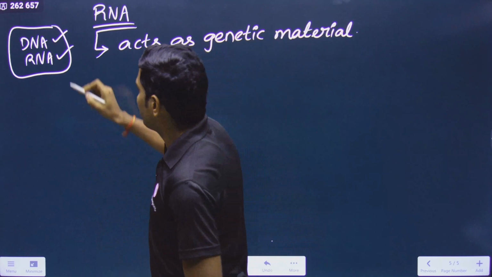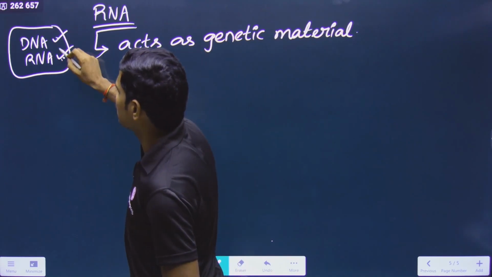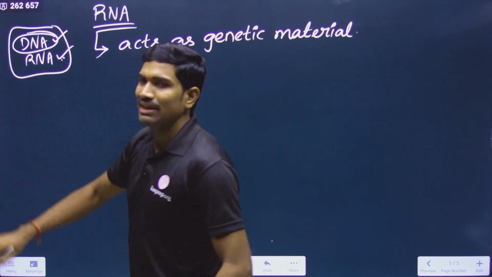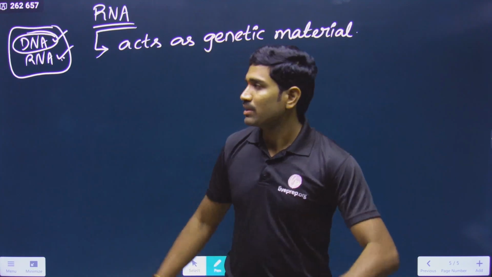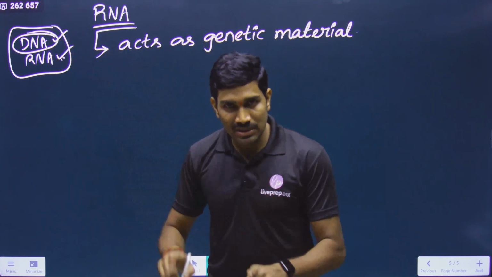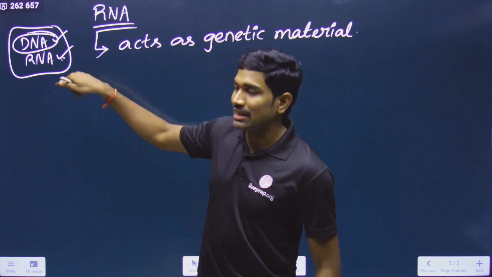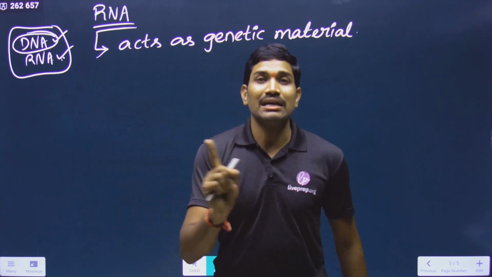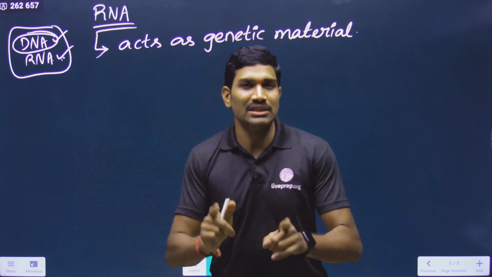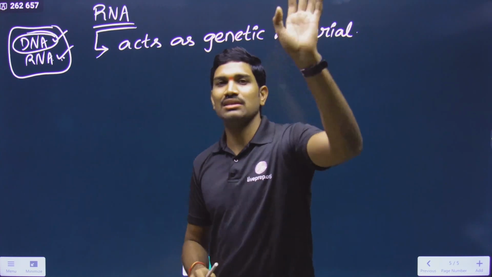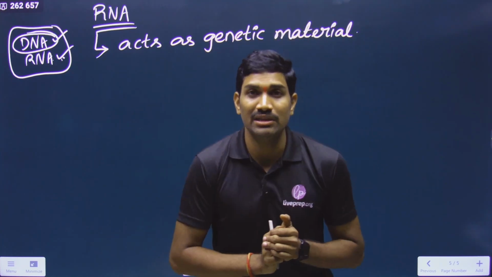Please observe carefully. When both of them are present, only DNA will act as genetic material. Please understand this. If both DNA and RNA are present, only DNA will act as genetic material in that particular cell or organism. RNA will never act as genetic material. If DNA is there, that is the genetic material. RNA cannot act as genetic material.